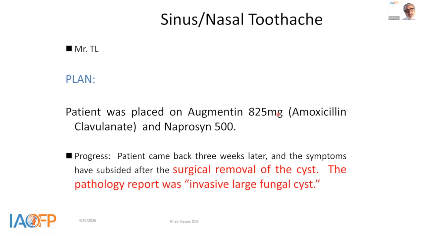I put the patient on Augmentin, amoxicillin, and naproxen, and referred to ear, nose, and throat. The cyst was surgically removed, and it was an invasive large fungal cyst. So these are really some of the important issues we have to look at when we see our patients.